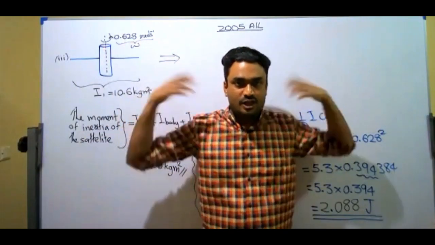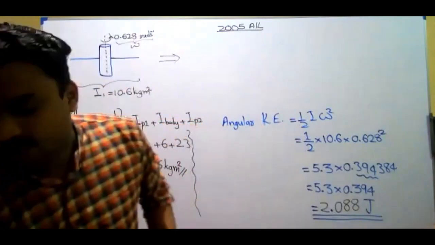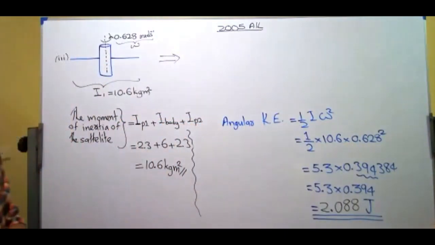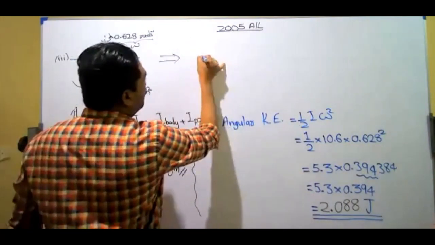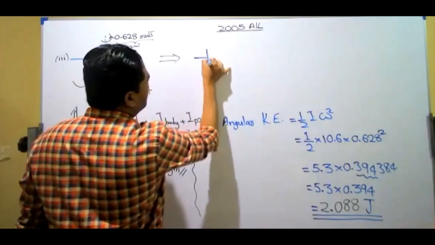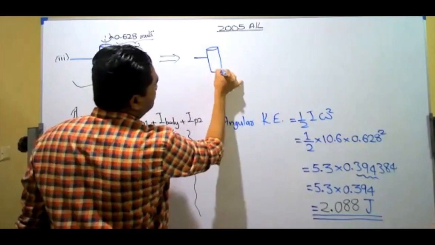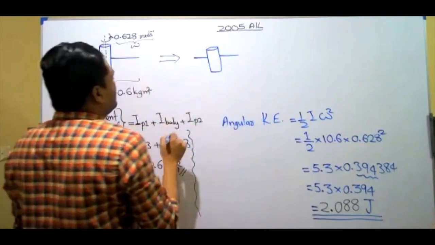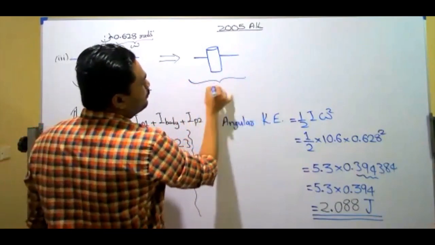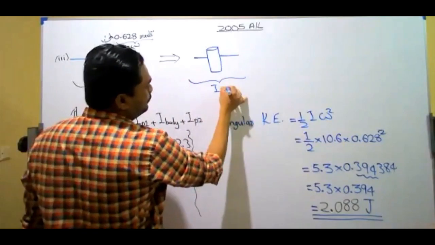Then the moment of inertia reduces. So once the solar panels are folded, they will be shorter, like this. Now we want to find the new moment of inertia of the satellite, I2.